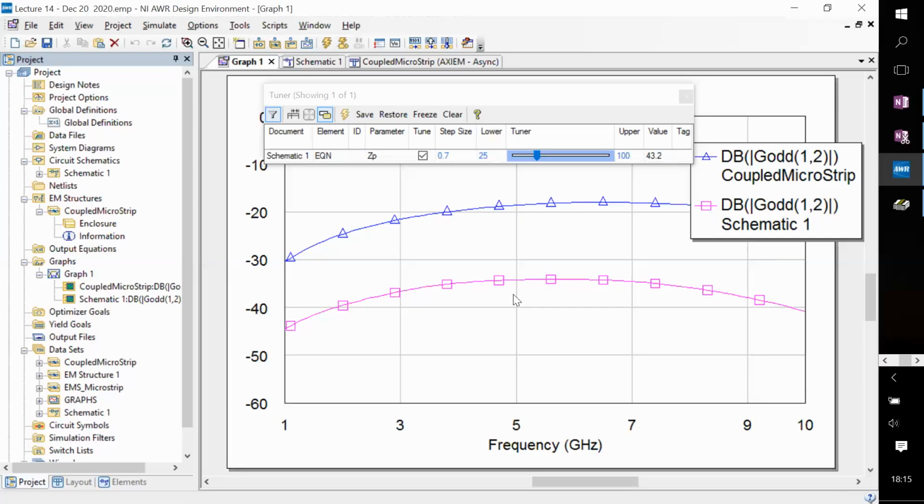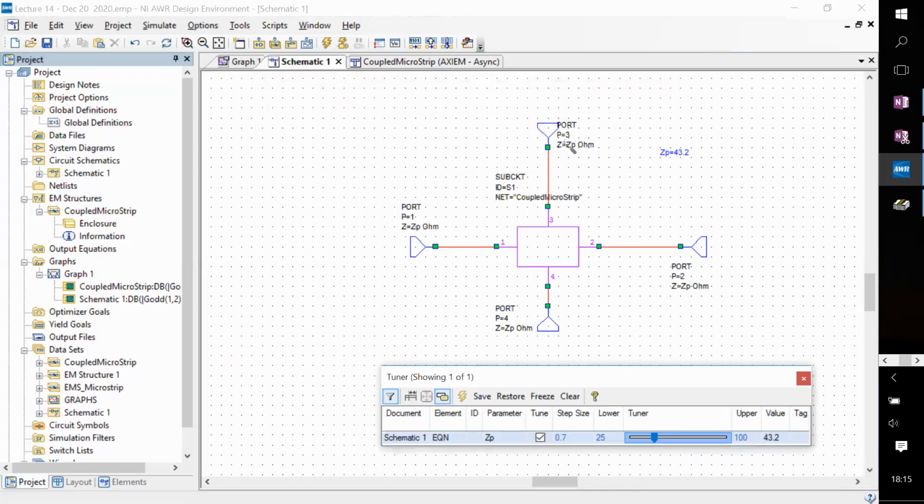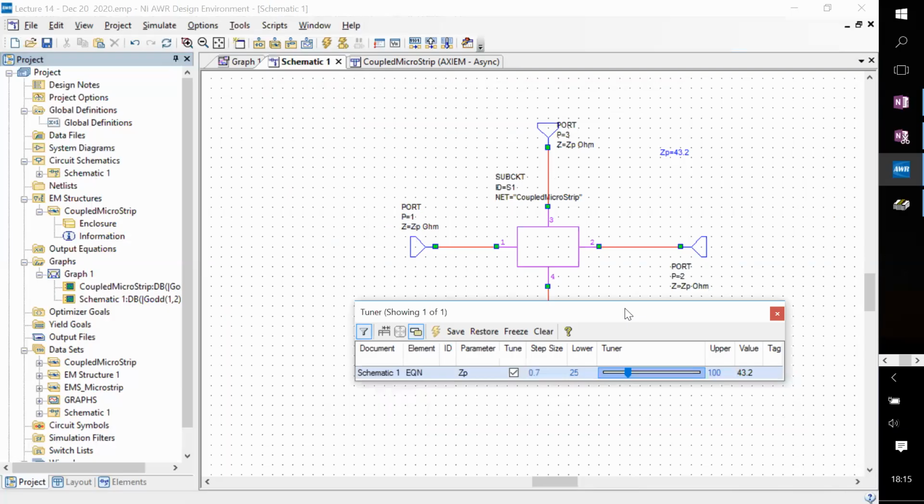The odd mode impedance is about 41 ohms. So again, we have used this trick of setting up the port impedances. Right now, all the ports have the same impedance. This is again necessary to keep everything balanced. Otherwise, this structure is slightly tricky to set up for measurement.